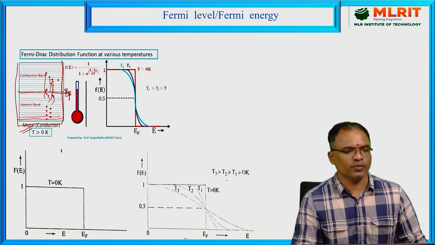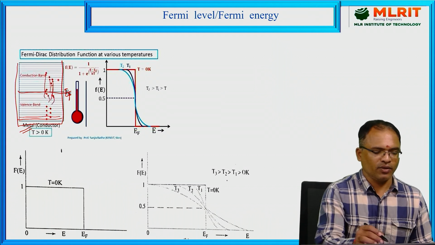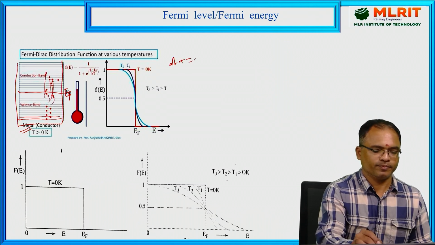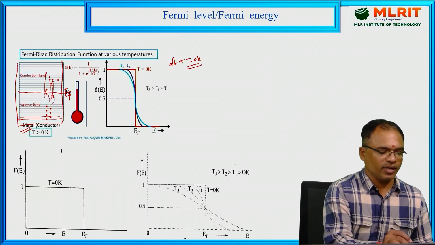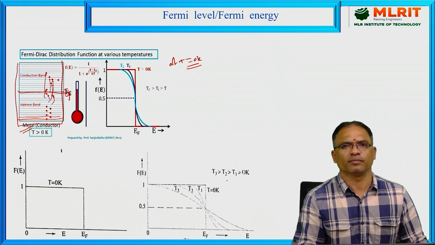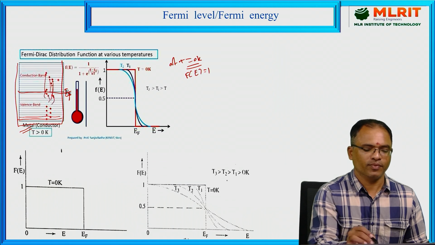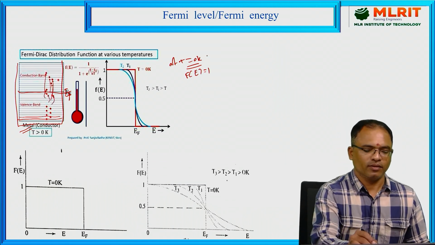Using the three previous cases, we can say that at T equal to 0, all energy levels below the Fermi level are occupied, that is F of E equal to 1.